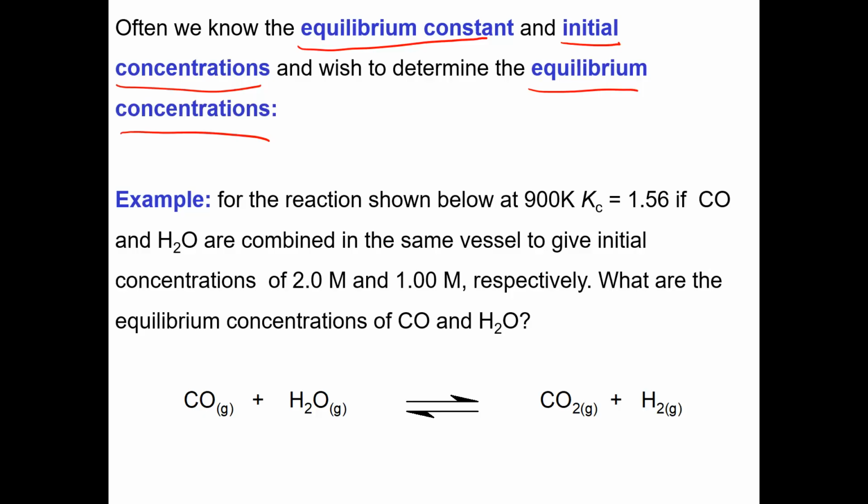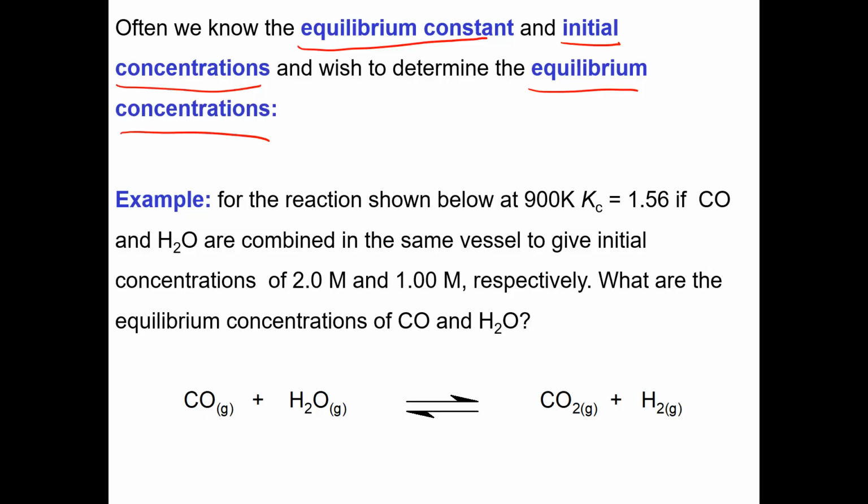It says if carbon monoxide and water are combined in the same vessel to give initial concentrations of 2 mole per liter and 1 mole per liter respectively, what are the equilibrium concentrations of carbon monoxide and water?